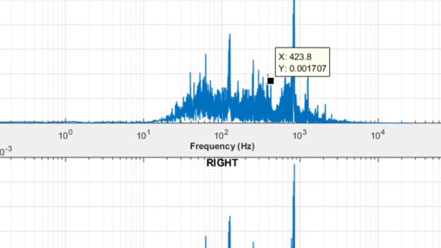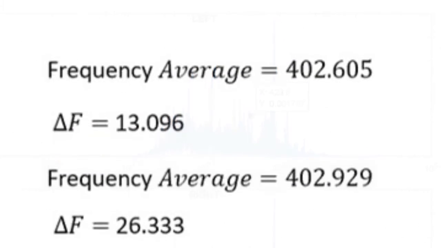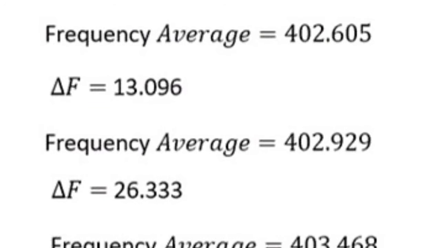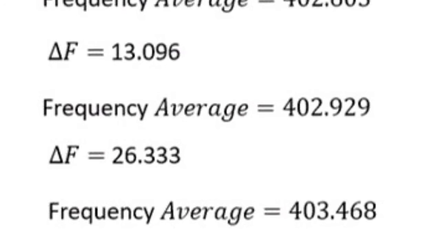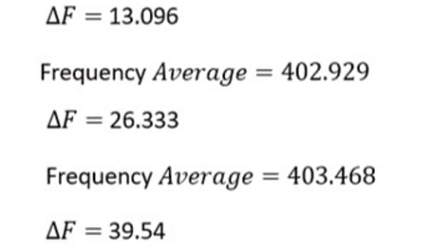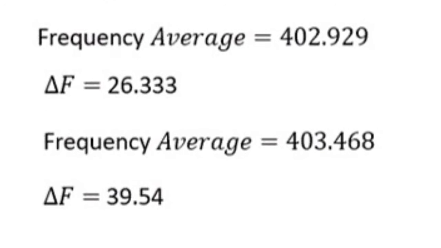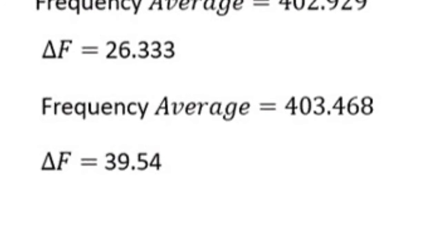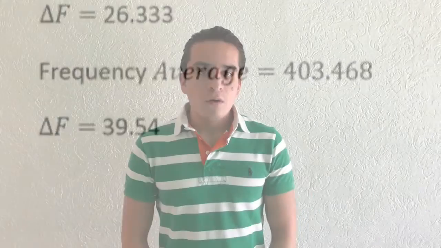The average frequency of the 20 kilometers per hour test was 402.6 hertz, and the difference between the car approaching and going away was 13 hertz.